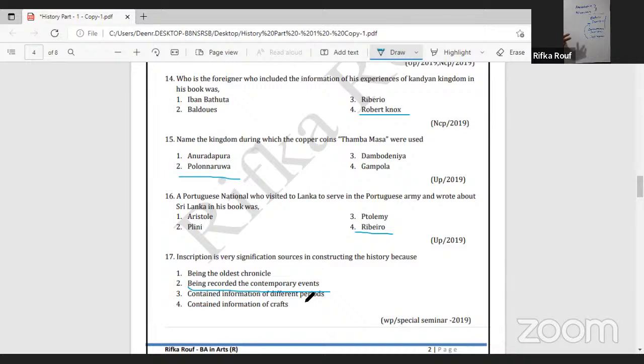By the time the Pitigama market was there, they wanted to inform the people of the law they needed to follow in that market, so they erected that inscription. Mostly, inscriptions are erected by the time the event was happening. That is why it is important, and that is what we call a contemporary event.